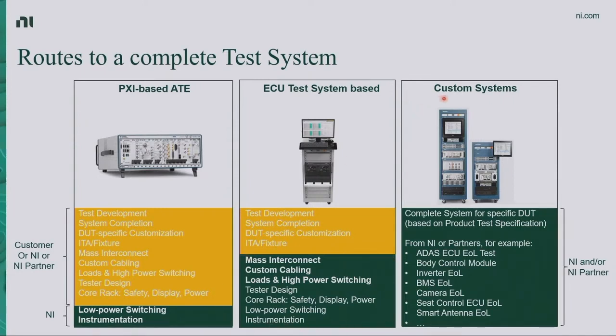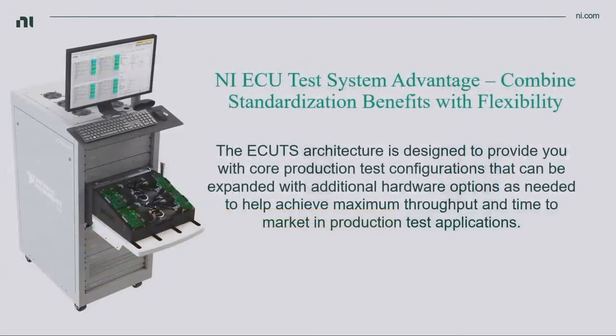For the custom system, NI or a partner will deliver 100% of the system based on the customer product test specification. The advantage of ECU test system is combined standardization benefit with high flexibility. The ECU TS architecture is designed to provide you with a core production test configuration that can be expanded with additional hardware options as needed to help achieve maximum throughput and time to market in production and test applications.